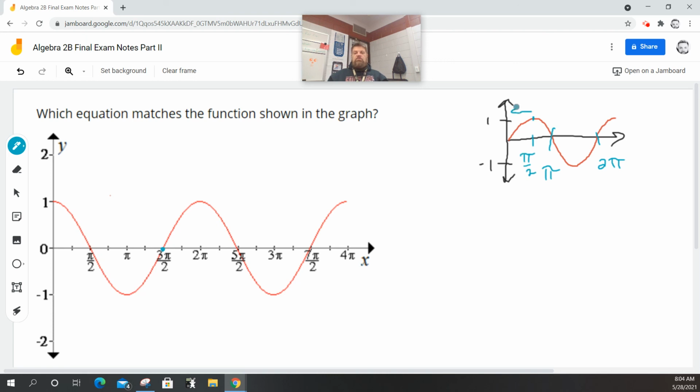It almost looks like it was shifted to the left, right? Doesn't that point look like this point here? So I think it was horizontally shifted.